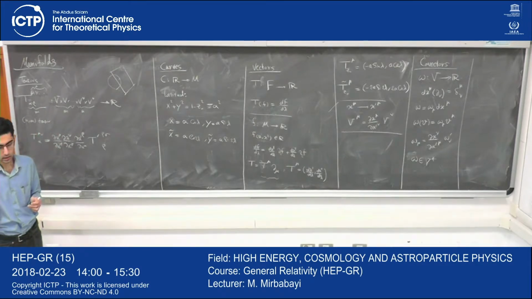And there, in Euclidean space, the mapping between the vectors and covectors is trivial, because your metric, the Euclidean metric, is just 1, 1, 1.